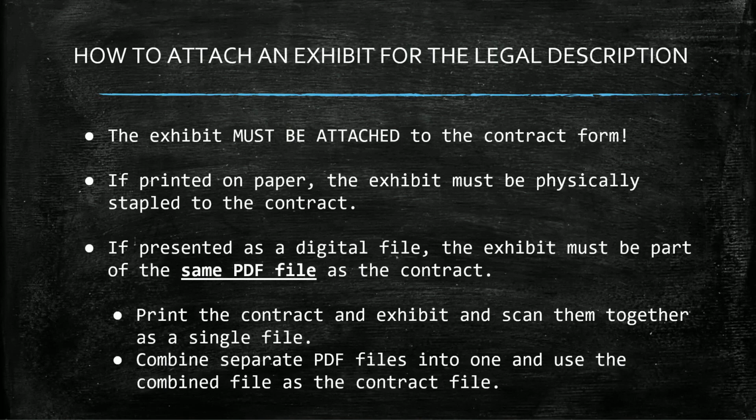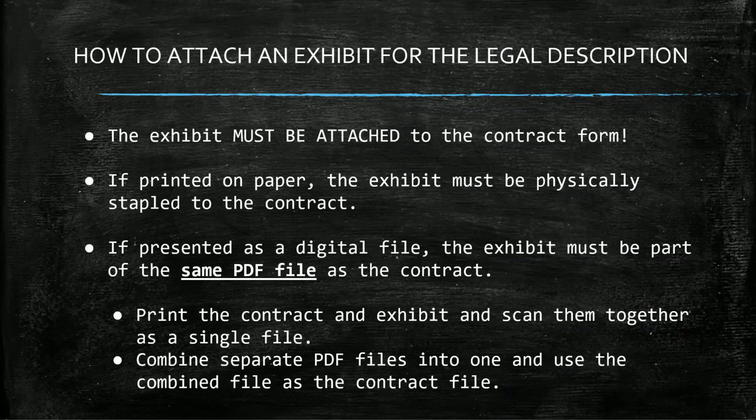So there's a couple of options for that. You can print it all on paper and then attach or include the exhibit and then scan it all as a single PDF file. That works just fine. Or if you have a PDF program that has the capability to merge different PDF files into a single file, then you want to do that.